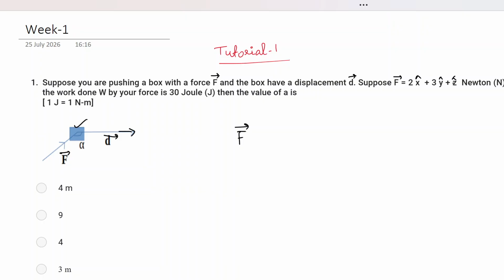Just like you have three axes, x axis, y axis, and z axis, you can draw your three-dimensional coordinate system. So this x cap means the unit vector along x, y cap means the unit vector along y, and z cap along z.